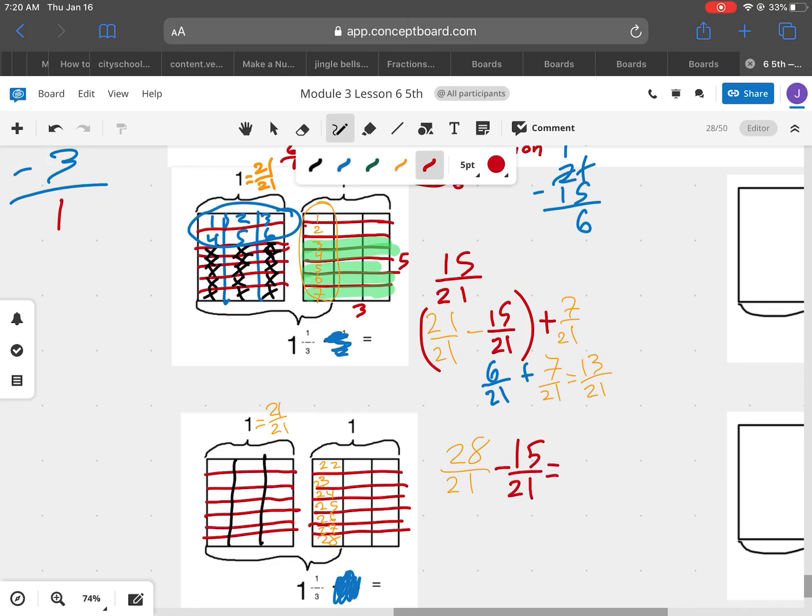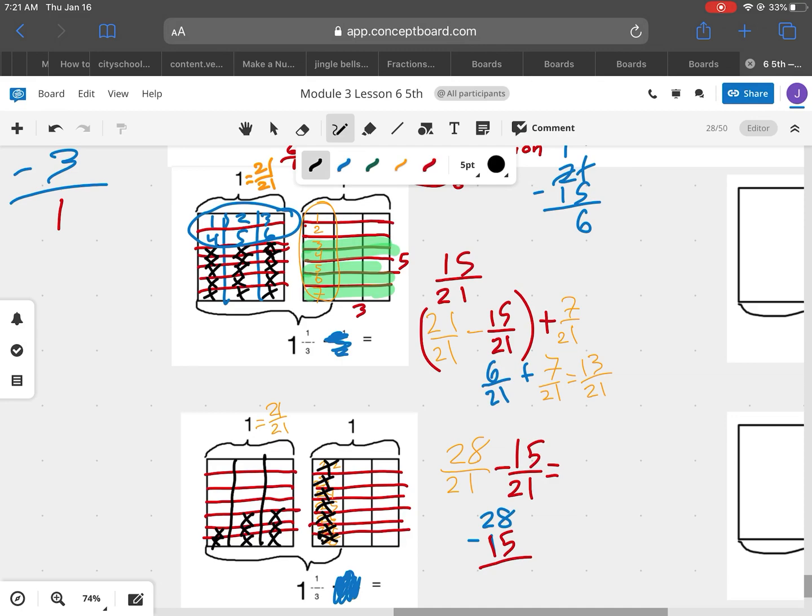And now again, if you work on the side, or if you need to, you can do 28 minus 15. So let me cross those out. We're going to cross out 15 again. This time we're going to start over here: 1, 2, 3, 4, 5, 6, 7, 8, 9, 10, 11, 12, 13, 14, 15.